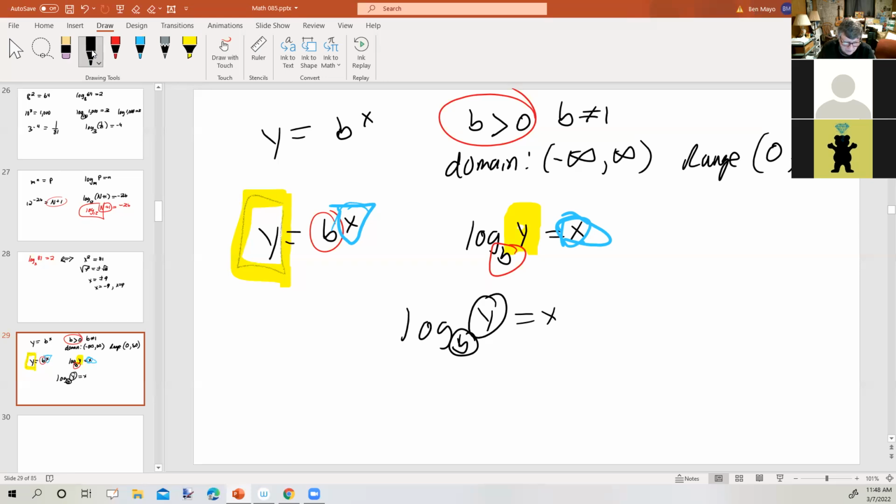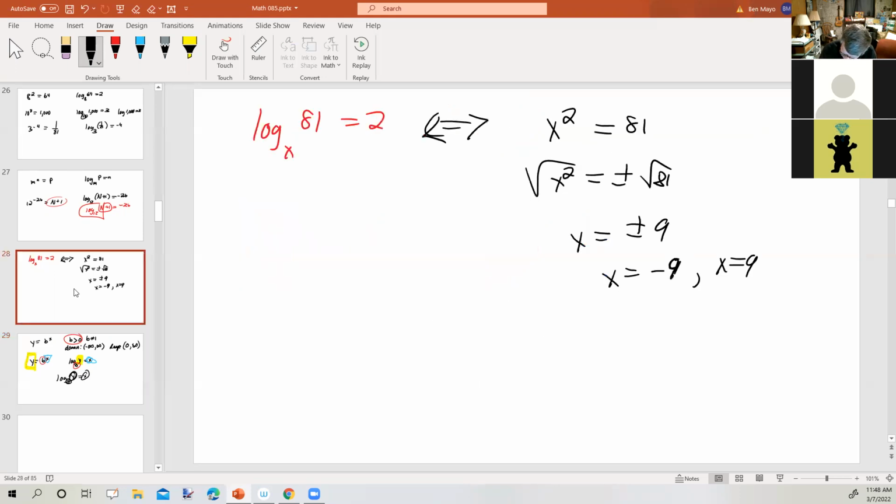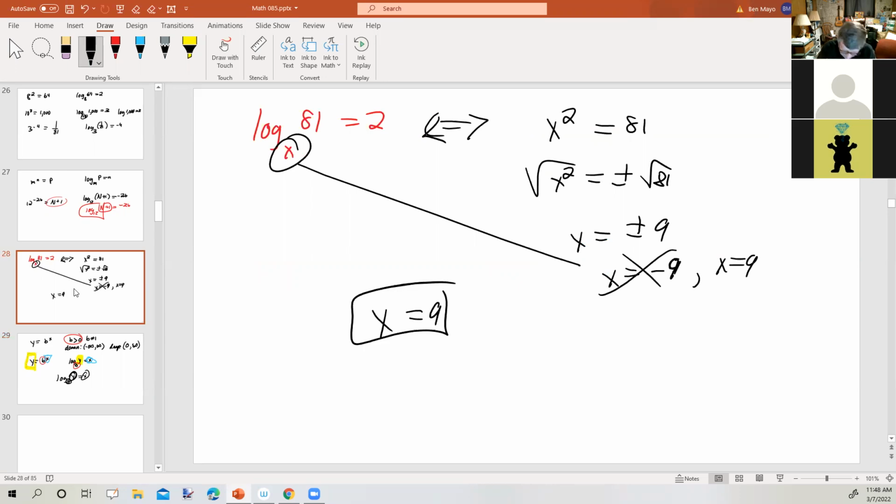Y, the thing we take the log of, has to be greater than 0, and our answer can be any real number. All right, so with all that in mind, this cannot be negative. So the final answer is just x equals 9.